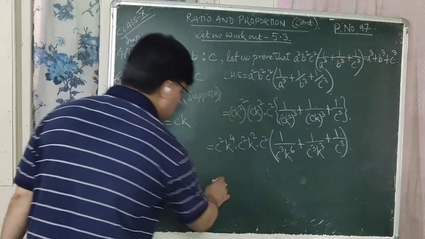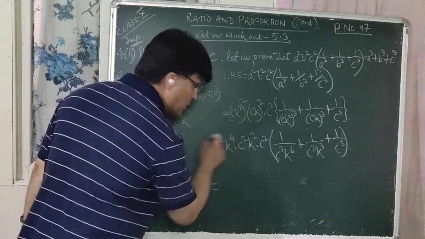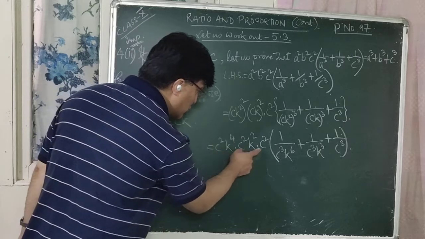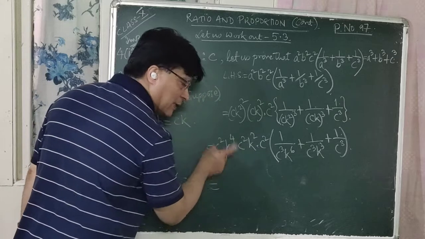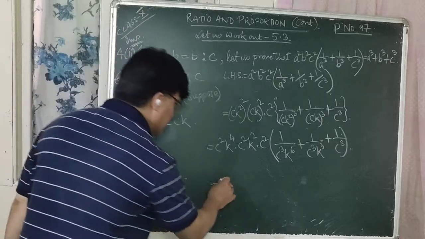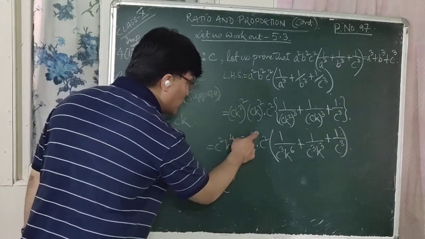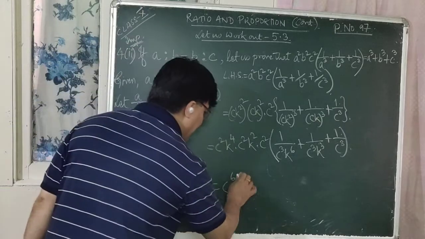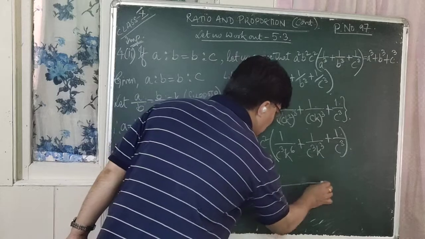So let us simplify it, which is equal to what is c square into c square into c square. If all these c square are multiplied, the powers will be added. That is c to the power 6. Again k to the power 4 and k square are multiplied, the powers will be added, k to the power 6, and within bracket take the LCM.